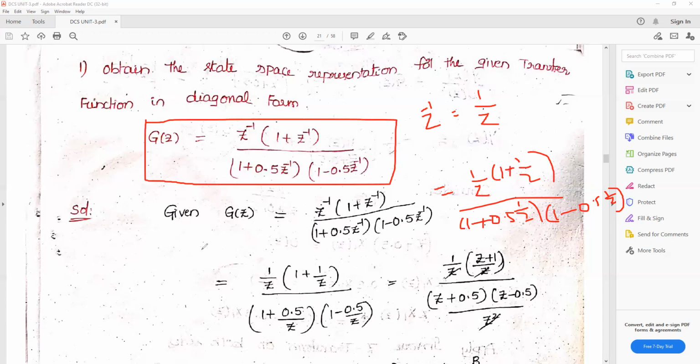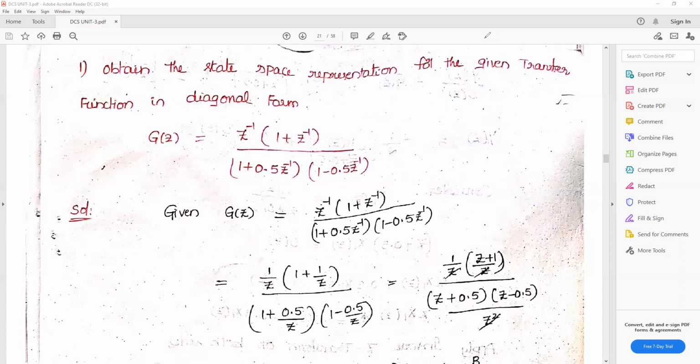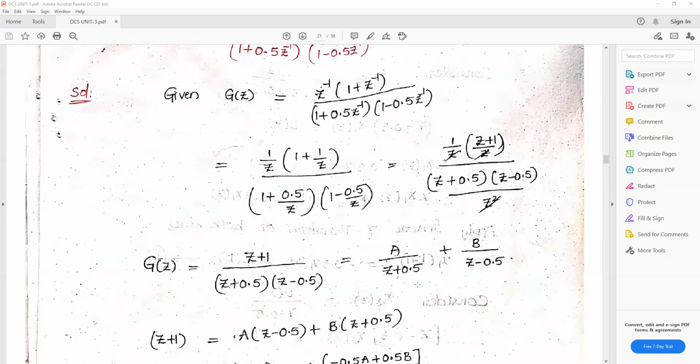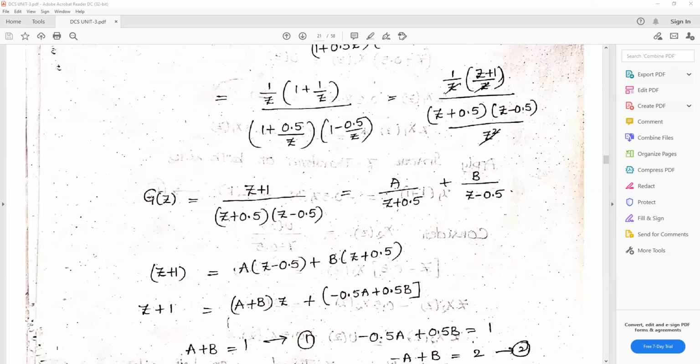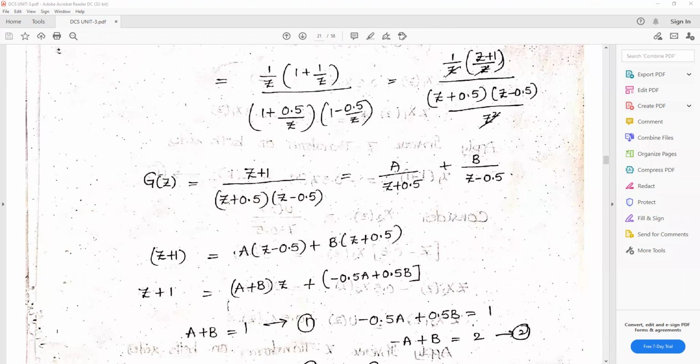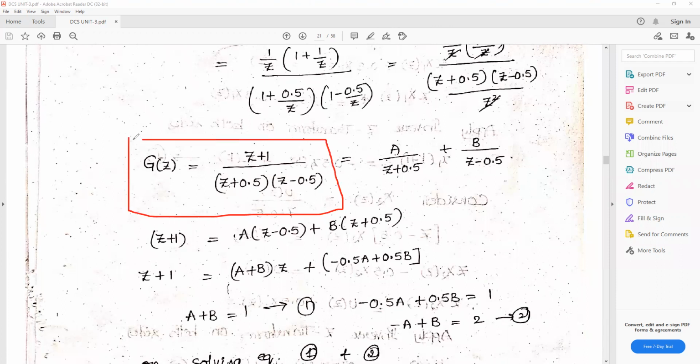So take the LCM in the numerator and the denominator. The given transfer function is g of z is equal to z plus 1 by z plus 0.5 into z minus 0.5.